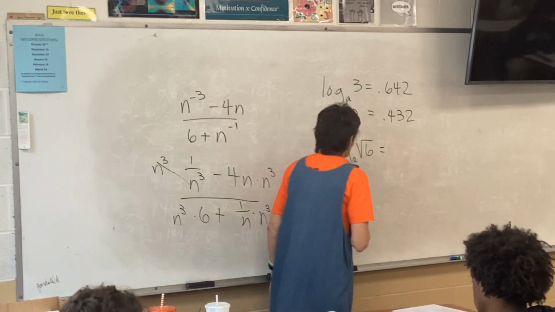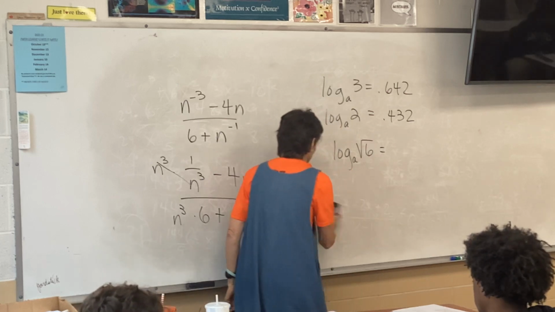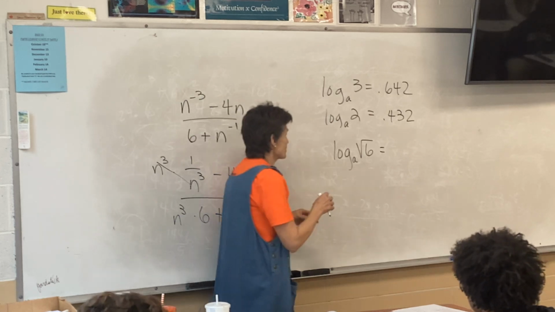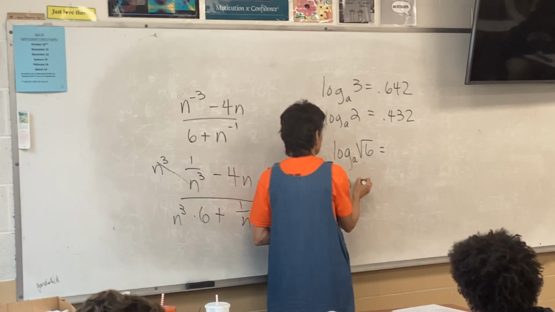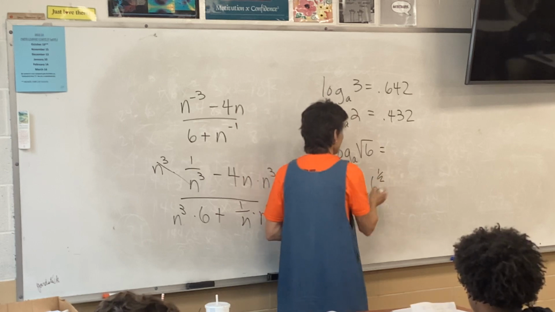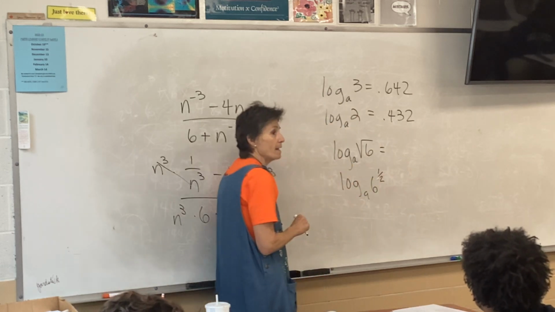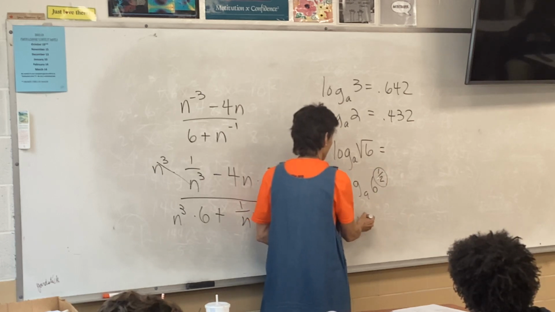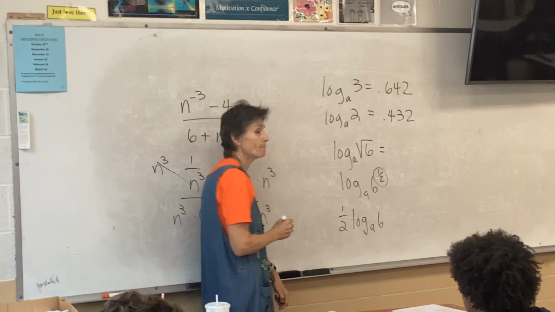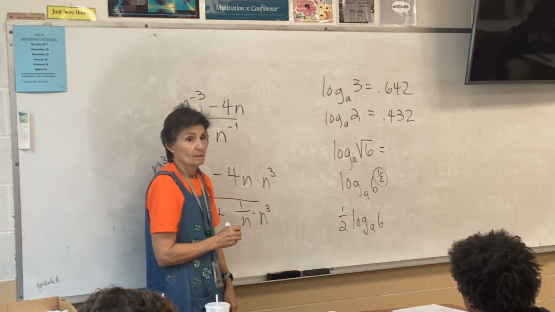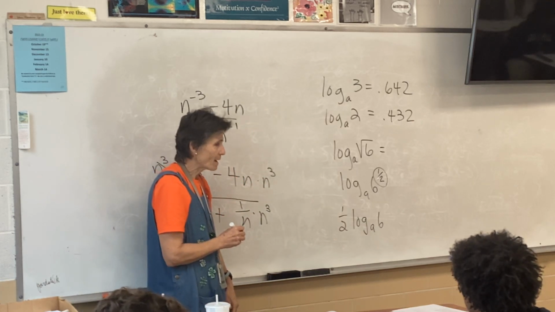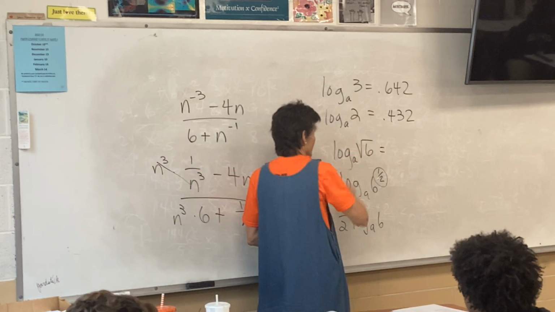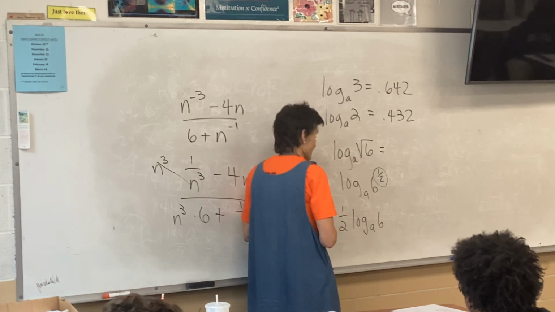First of all, logarithms and radicals do not get along. So I'm going to think of this as 6 to the 1/2. Then I can take this out in front, so it's 1/2 log 6. Would you agree with that? Now, what's special about 6 in terms of what I was given? 6 is 3 times 2.